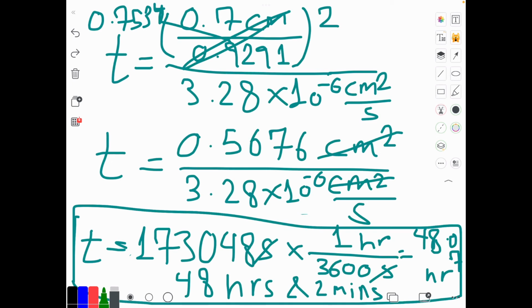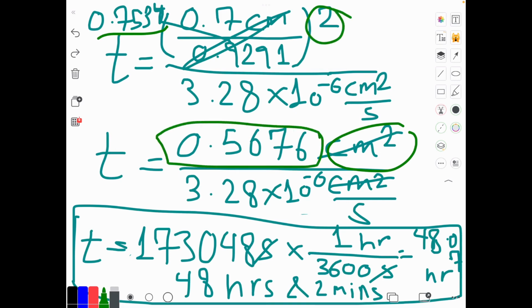My calculation is right, but I get a very huge number, which might not make sense, but my calculation makes sense. So I have the 0.7 centimeters over the 0.9291, which is unitless, and we square that to get centimeters squared. Now that value inside will be 0.7534, but when I square it, I get 0.5676 centimeters squared.